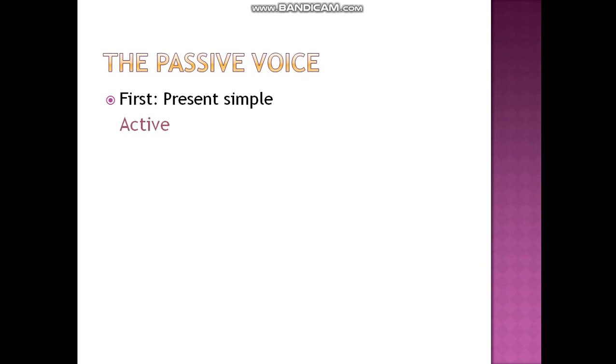So, the active sentence of a present simple tense is Sally drives the car, which of course is subject plus verb, verb plus s if it's he, she, it, or a singular subject, plus object. So our sentence is Sally drives the car. A present simple sentence, very easy, you're all aware of the form.